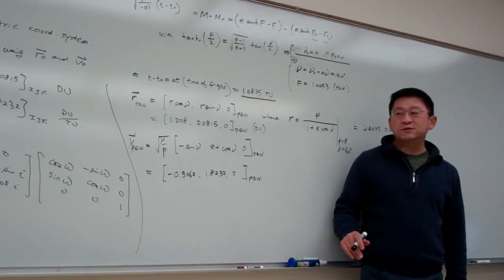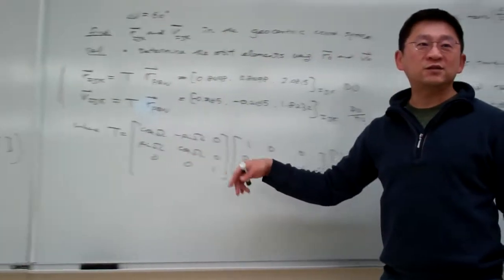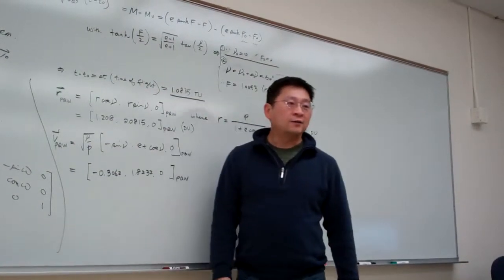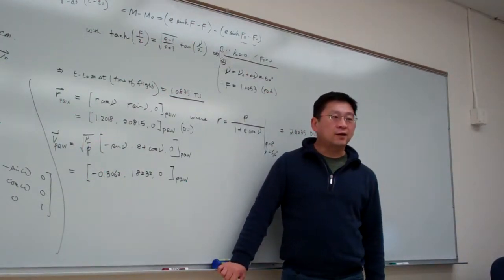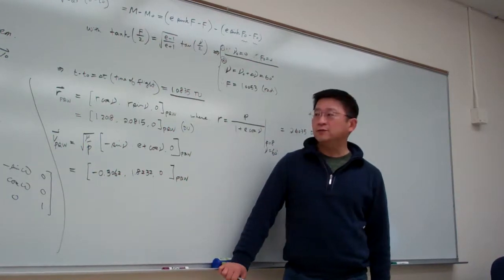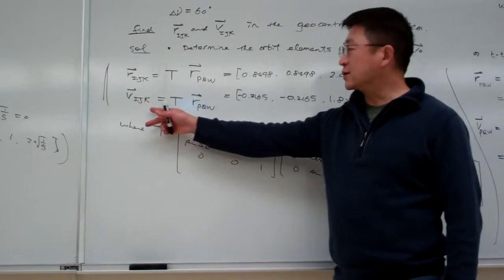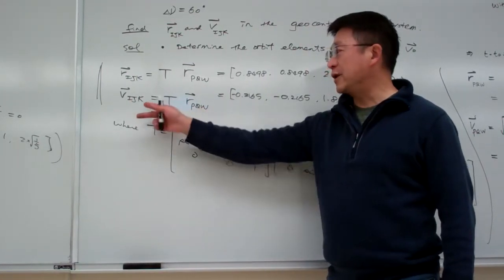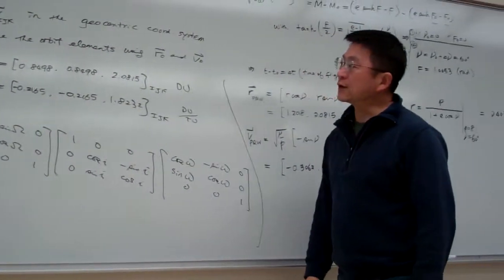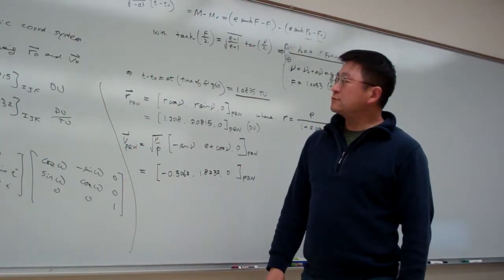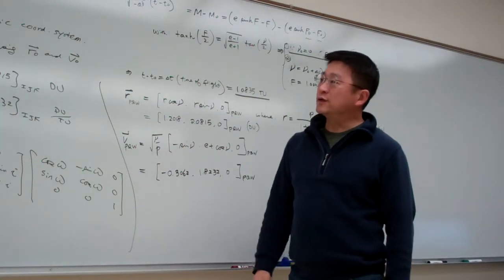Looking at the old material, oh, here we have this transformation. So I simply plug in. In this way, I write a simple program in MATLAB to do the transformation between IJK and PQW. So that is the whole calculation for this one.